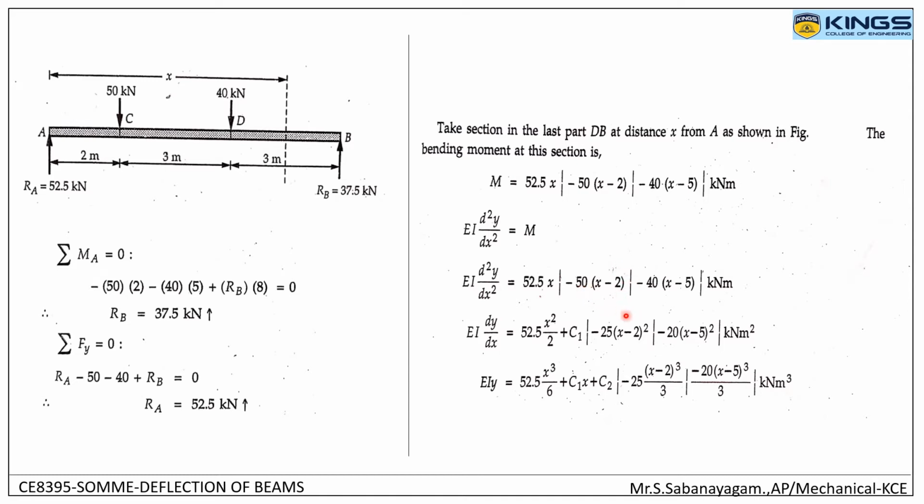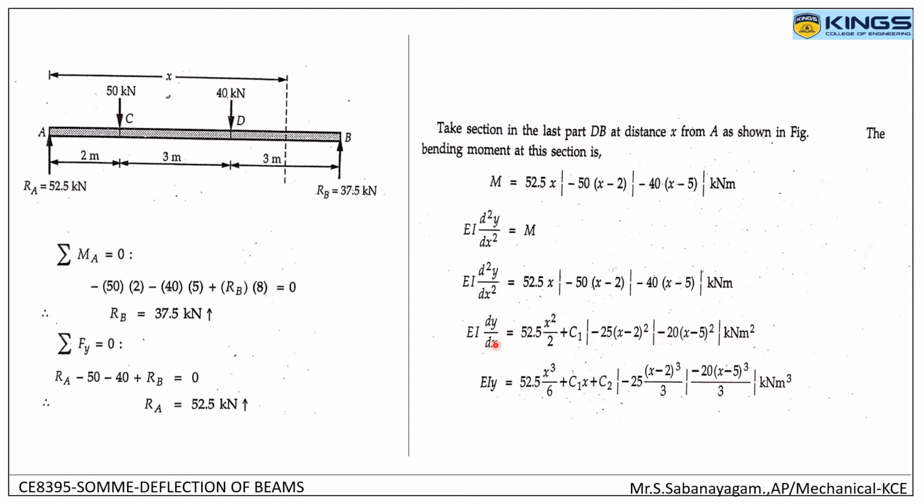So 50 by 2 gets cancelled and minus 25 into x minus 2 whole square will be there. And minus 40 into x minus 5 whole square by 2, and 40 by 2 becomes minus 20 into x minus 5 whole square, kilonewton meter square. This will be the slope for the given simply supported beam with the 2 point loads.